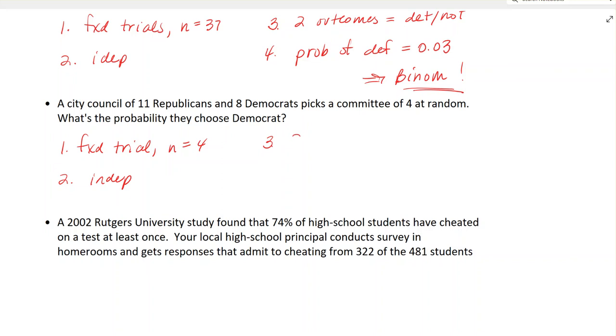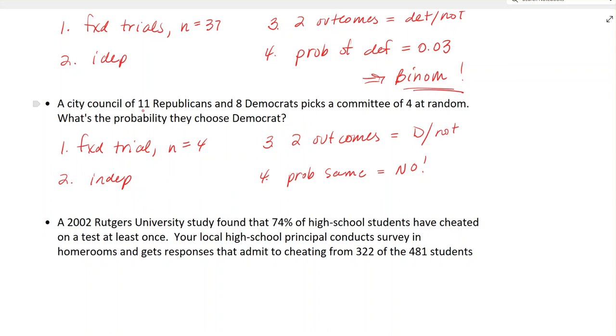Let's talk about two outcomes. What are the two outcomes that we're interested in here? We're interested either in a Democrat or not a Democrat in this particular case. And then the fourth is, is the probability the same for each of my events? The answer to that is actually no. Now, let's think about this for just a moment.